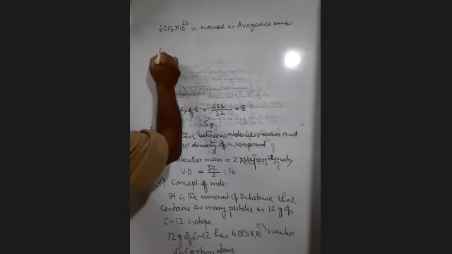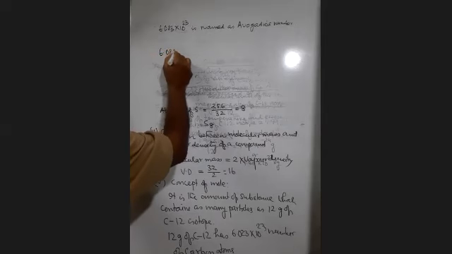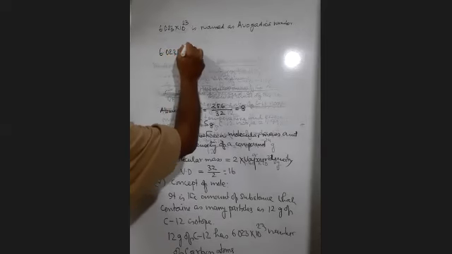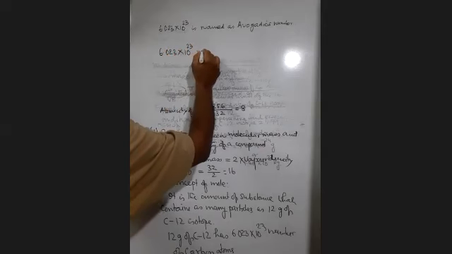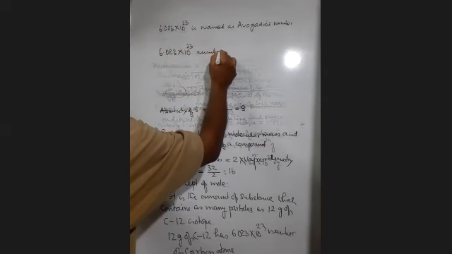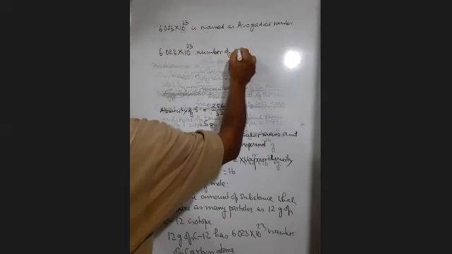So now what can we write? We can write here 6.023 into 10 to the power 23 number of particles.